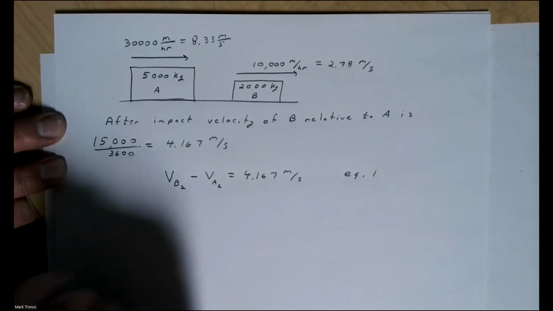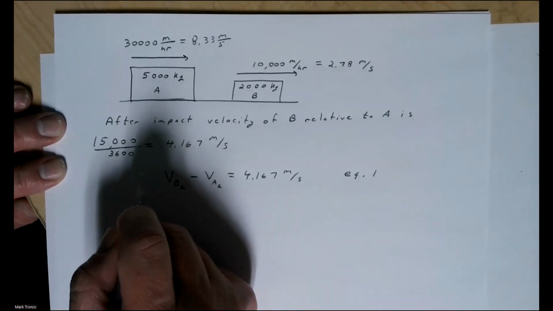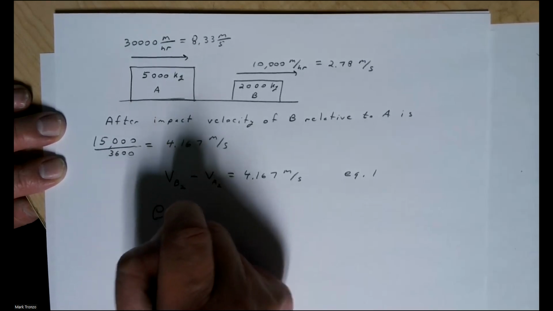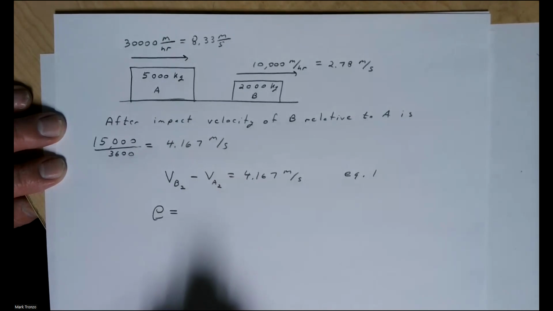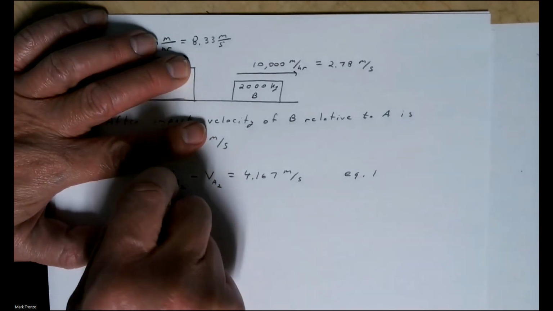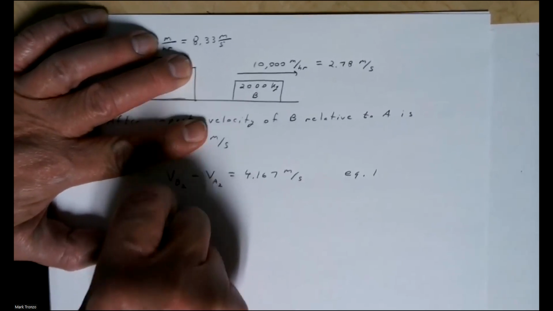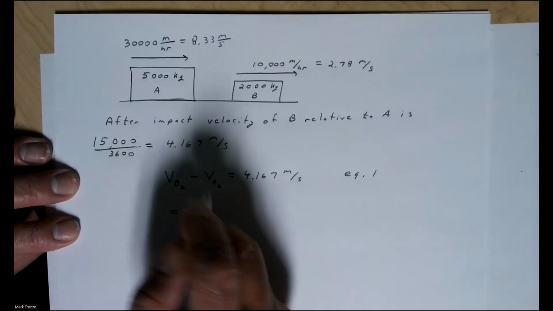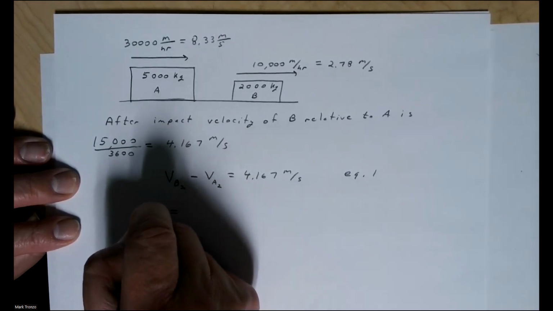So the coefficient of restitution now is E. E is (VB2 minus VA2) over (VA1 minus VB1).